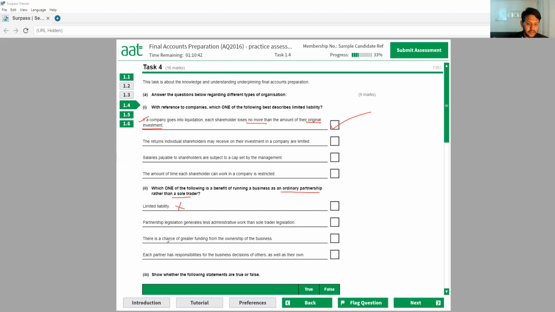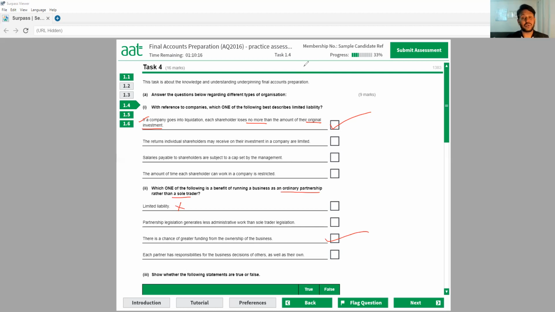There is a chance of greater funding from the ownership of the business. That's true. If there is only one person, the capital may be a little bit less. But in a partnership business, a lot of people are involved and they will introduce more capital into the business.